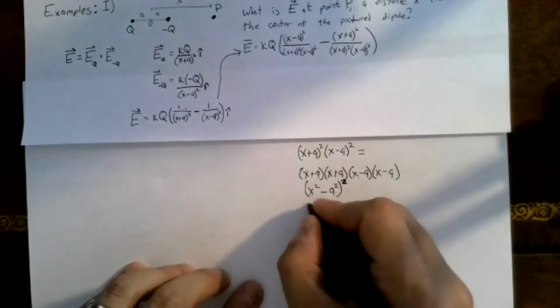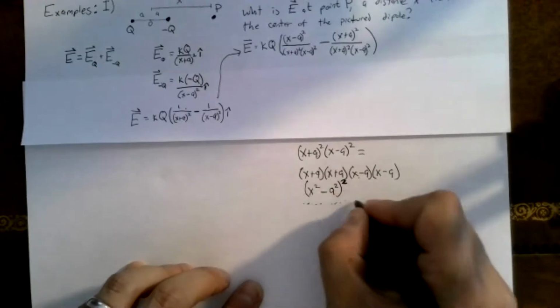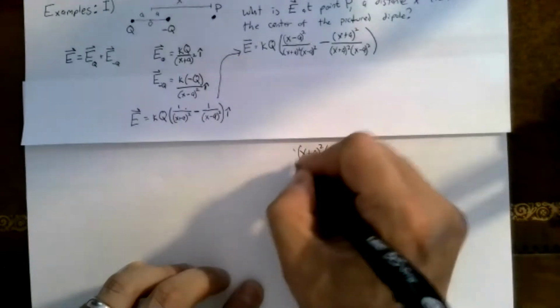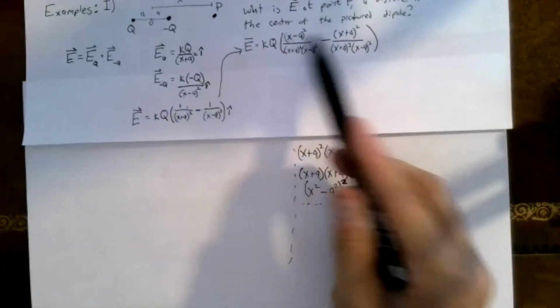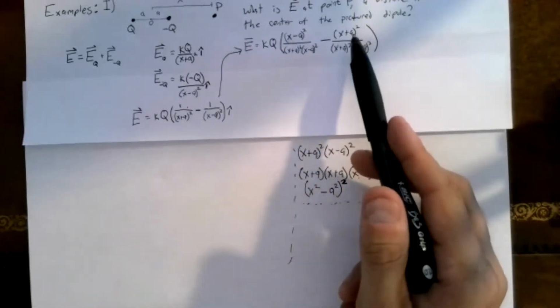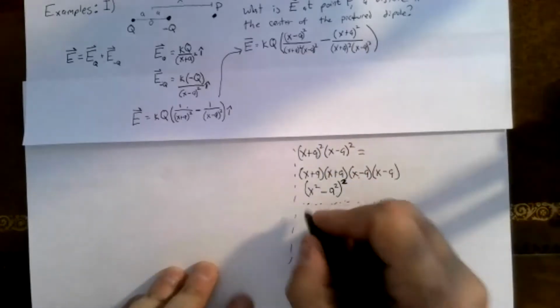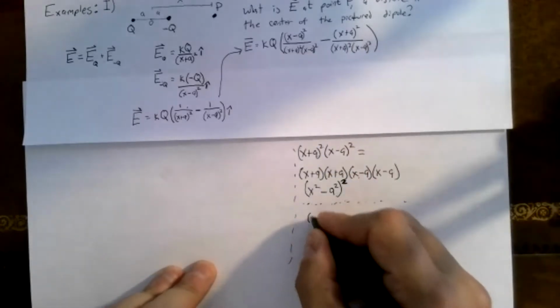And the other piece that needs to be simplified is the (x − a) quantity squared minus the (x + a) quantity squared.